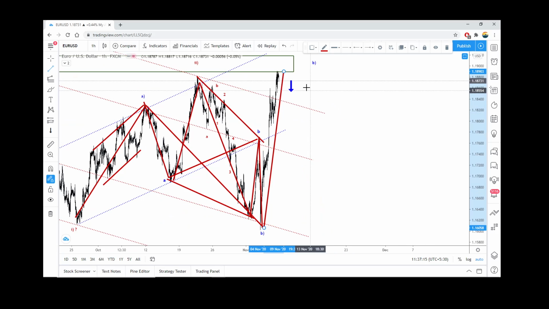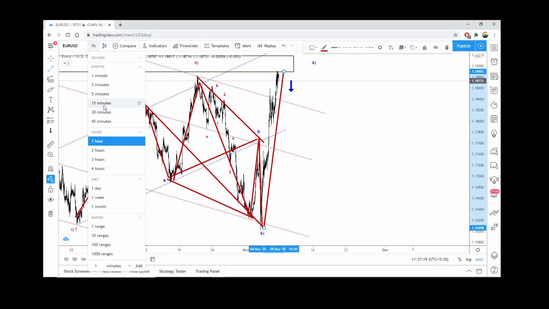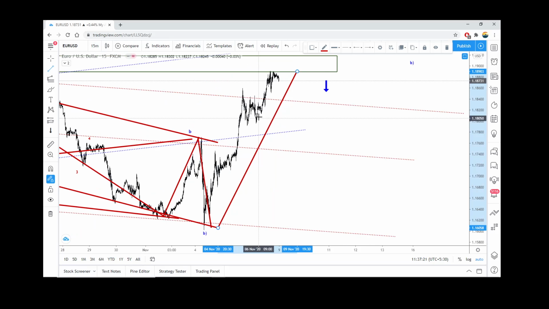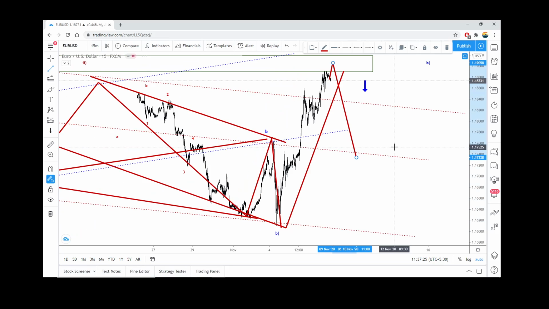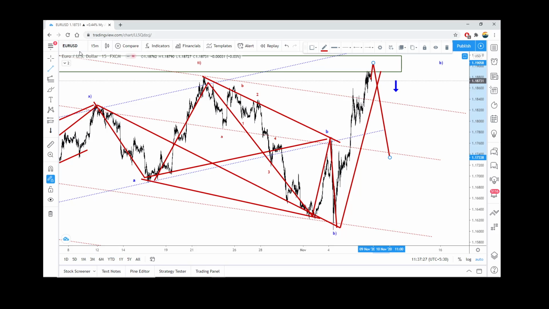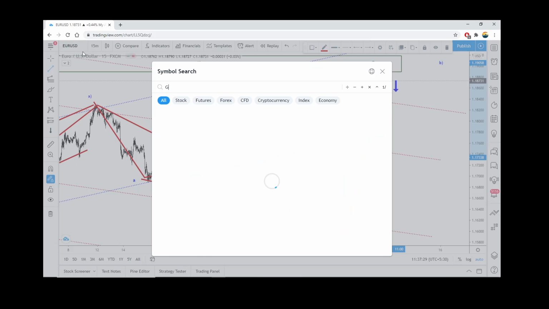How I explained in the DXY, there is a lot of chances for making one more high here also like this, and then it may fall. So let's see how it moves in the coming week from Monday.